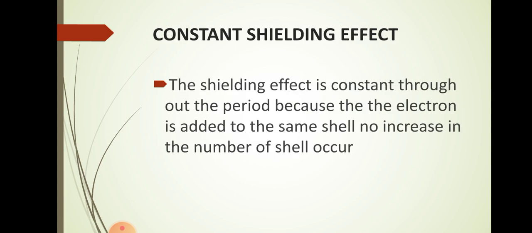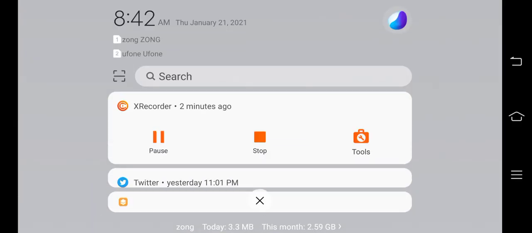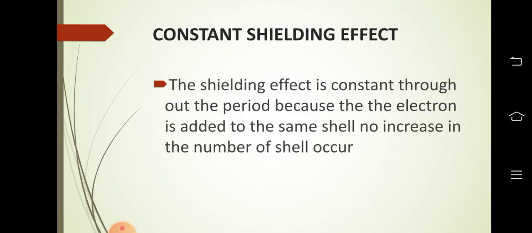The next one is the constant shielding effect. Constant shielding effect हमारे पास है next one. The shielding effect is constant throughout the period because the electron is added to the same shell, with no increase in the number of shells. When we move from left to right, the shell remains the same, so the electrons are added to the same shell.